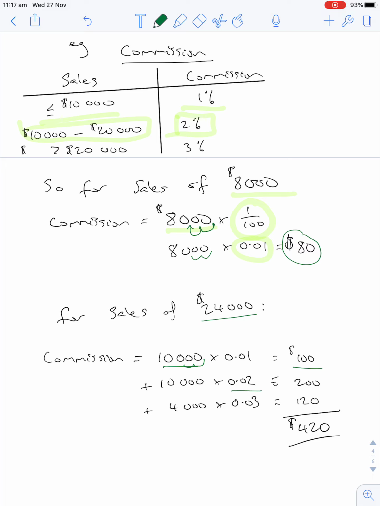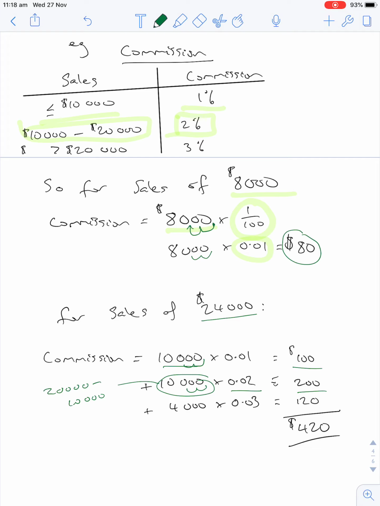That whole band is 20,000 take the 10,000, so I'll write that down. It was basically just that second band. For each of those dollars, I've got 2%. So again, mentally, I'm moving that decimal 2 places to find my 1%, and I've got double that. So I've doubled that to get my $200.